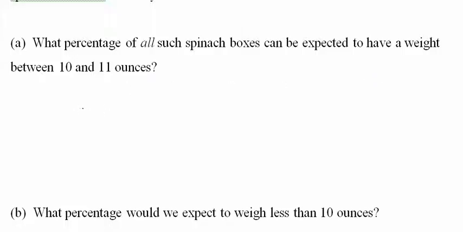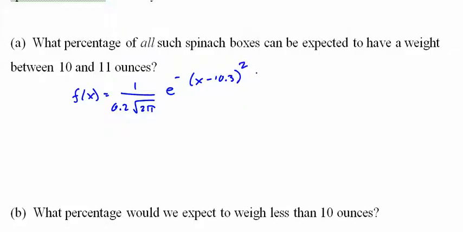So you do f of x equals 1 over 0.2 root 2 pi, e to the negative (x minus 10.3, there's my mean) squared over 0.08.